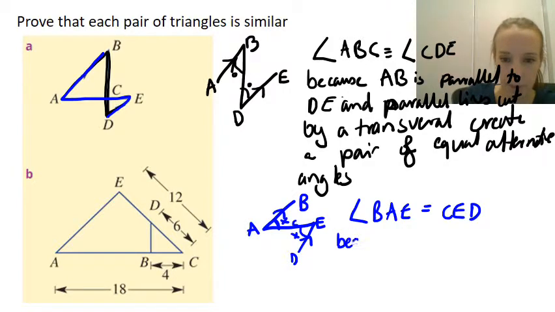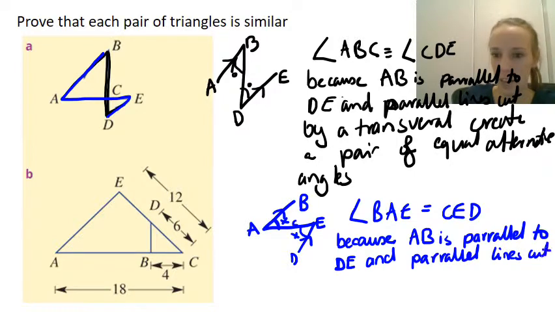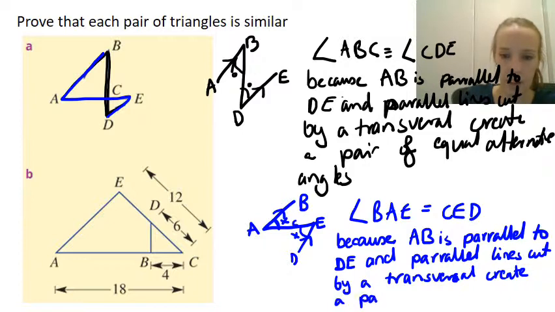So again, I'm going to be very neat now, because AB is parallel to DE, and parallel lines cut by a transversal create a pair of equal alternate angles.